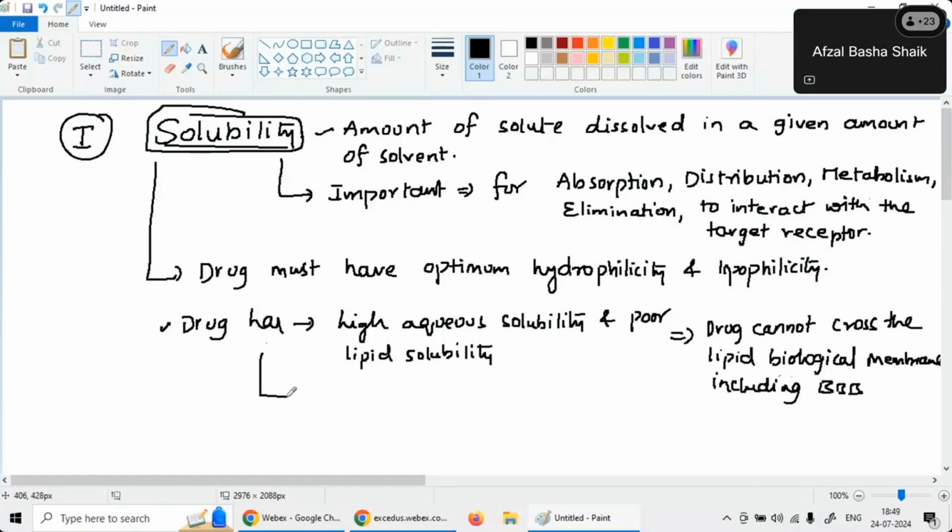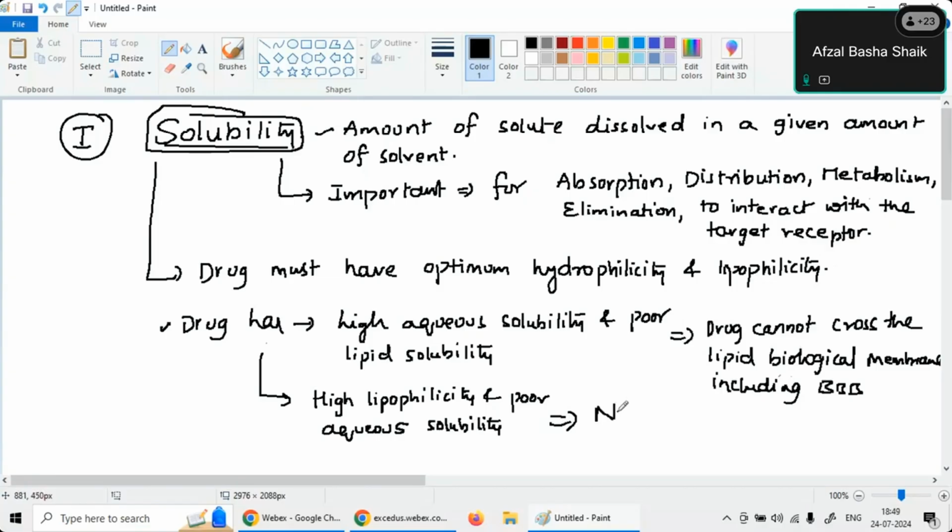And on the other hand, if the drug has high lipophilicity and poor aqueous solubility, then there is no dissolution.